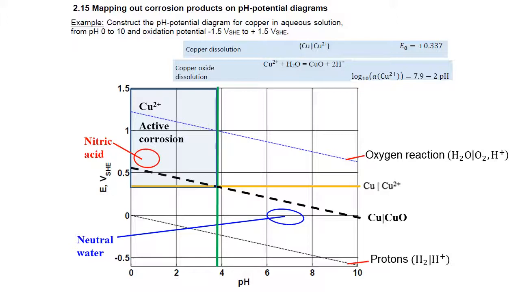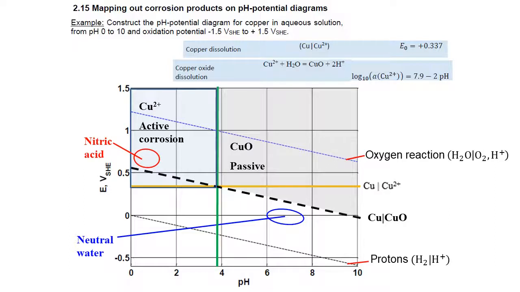This was a reaction that has an equilibrium potential, and if the surface potential which we measure on the object is more positive than this dashed black line, then the solid copper oxide is more stable than the copper metal, in which case we expect the formation of copper oxide. I'm going to label this as the top right region of my pH potential diagram.